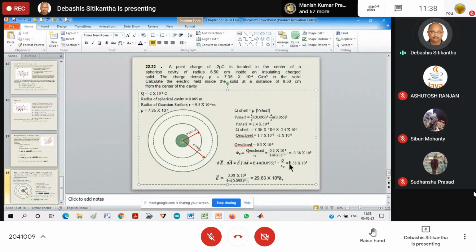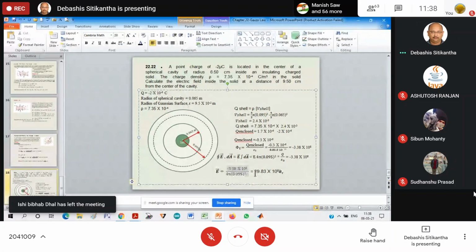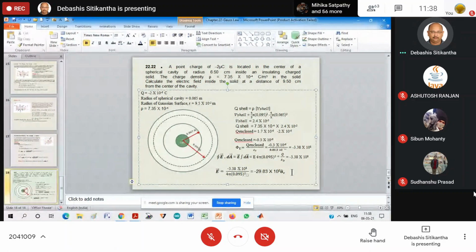All these are minus. What else we have left out? Calculation part is correct. What else we have left out? Yes, unit. We have left out the unit.